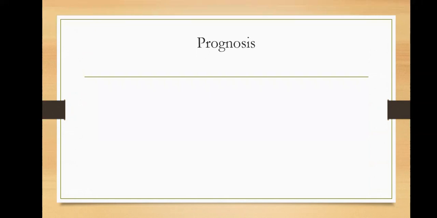So the prognosis of the patient: they have a variable natural history. These diseases depend on the specific diagnosis, the cause, and the extent and severity of the lung involvement, which is categorized by high resolution CT.